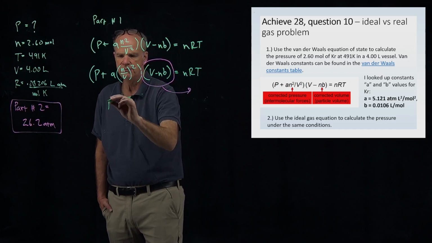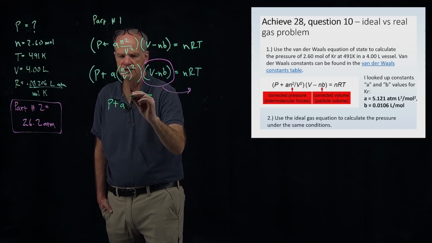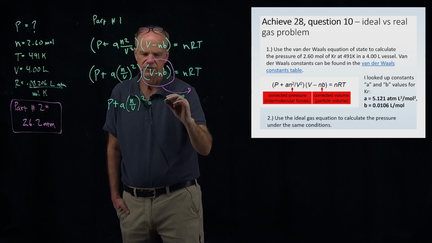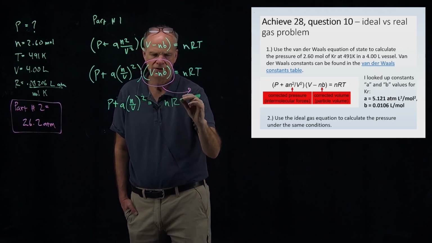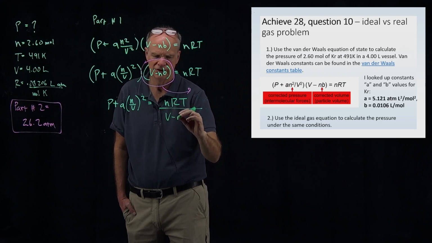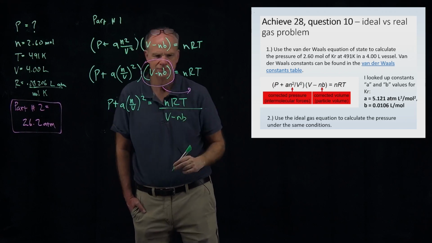So now we have p plus a (n over v) squared is equal to nRT over (v minus nb).